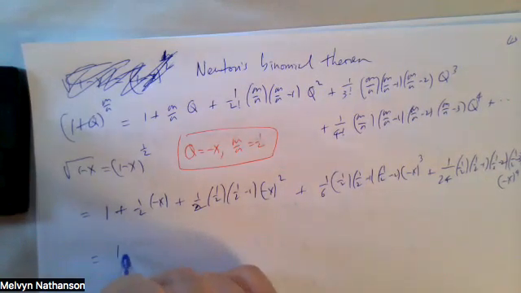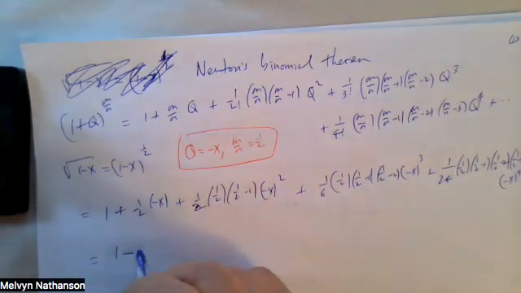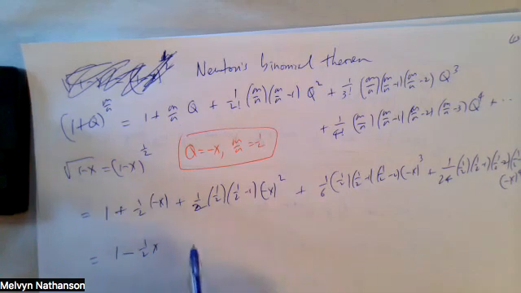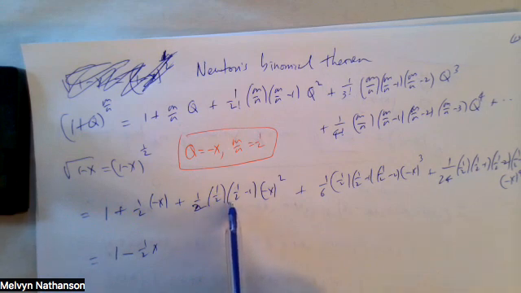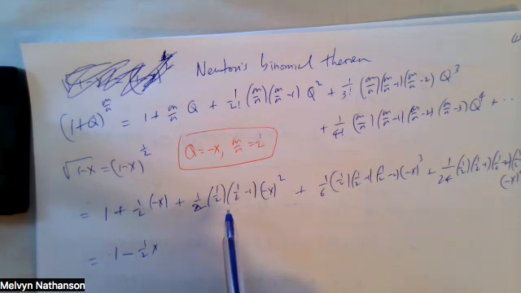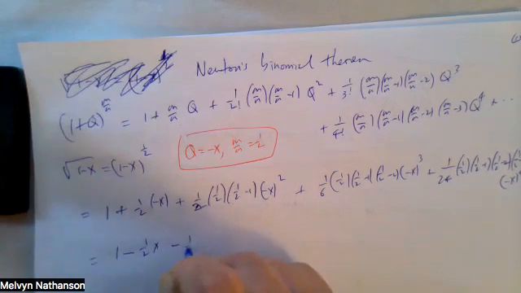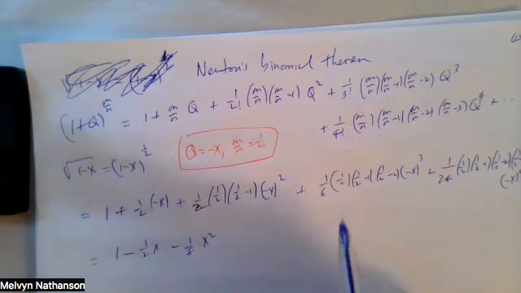So this is 1 minus a half x. Here I have a half times minus a half. That's minus an eighth, and minus x squared is plus x squared, so minus 1/8 x squared.